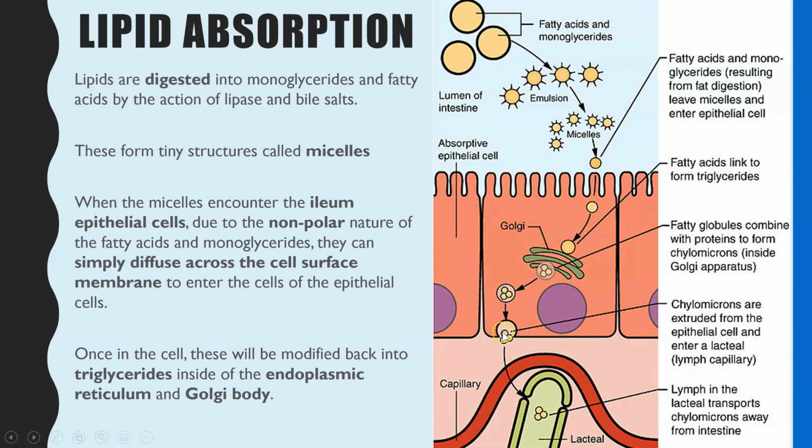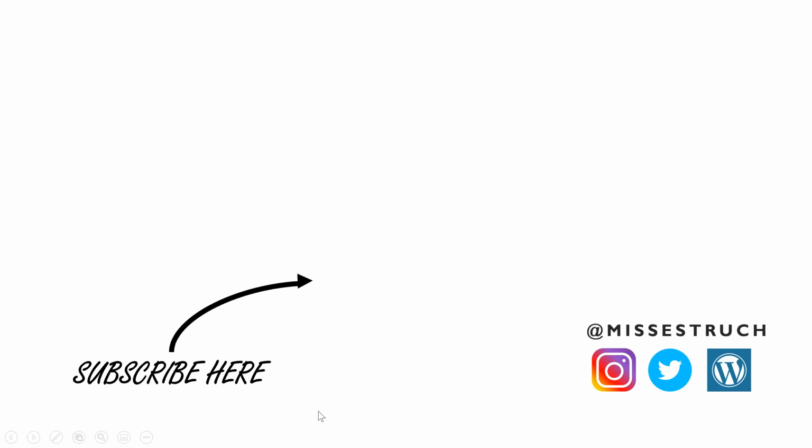And the lipids, which have then been formed, or our chylomicron, are absorbed inside of the lacteal, and they'll get transported around in the lymph, and that does eventually drain into the capillary system. So those are the key things that you need to know about absorption and digestion.